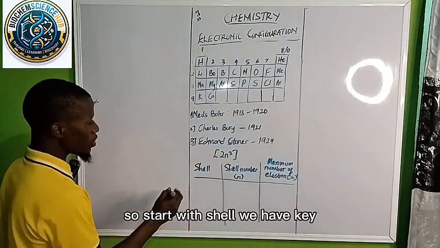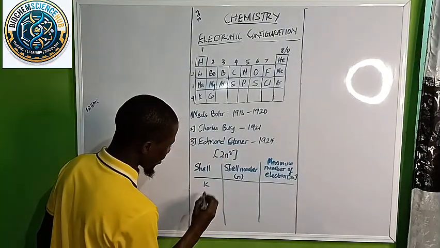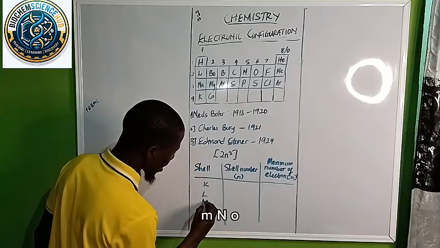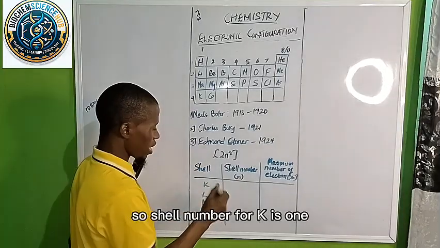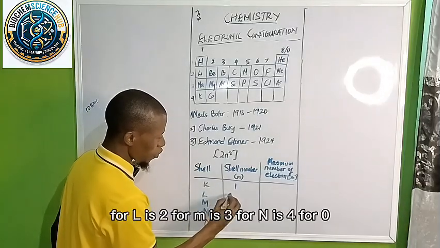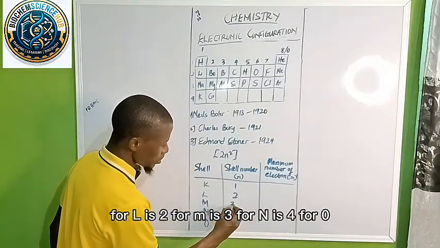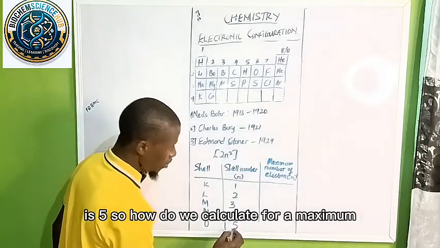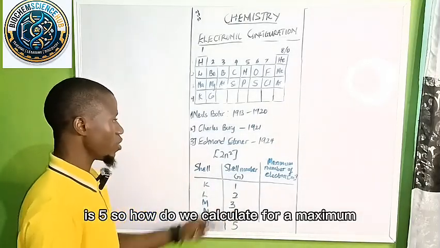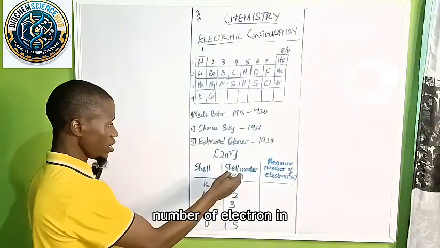Starting with shell, we have K, L, M, N, O. So shell number for K is 1, for L is 2, for M is 3, for N is 4, for O is 5. So how do we calculate the maximum number of electrons in each shell?